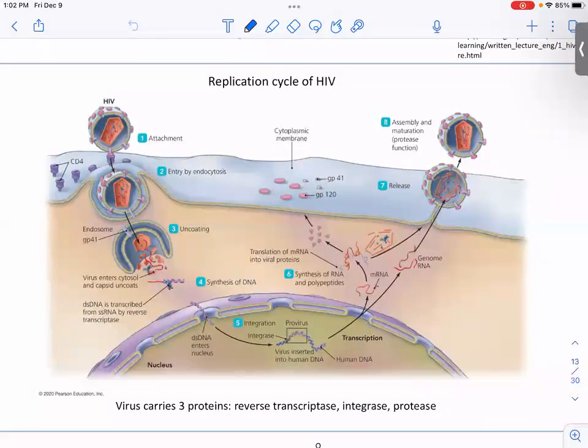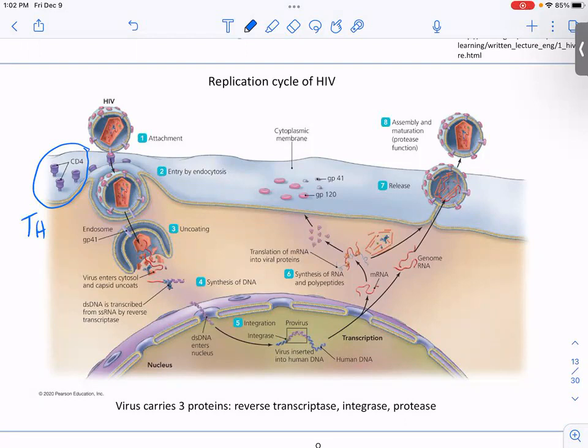HIV will infect cells that have those CD4, that cluster of differentiation on its surface. Now, the most famous kind of cell that has those, remember, T helper cells. But actually, there are other types of cells that have those CD4 glycoproteins: macrophages.